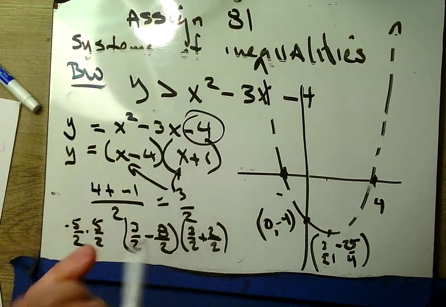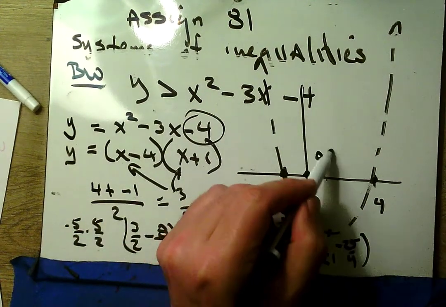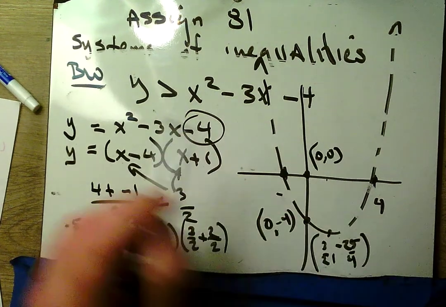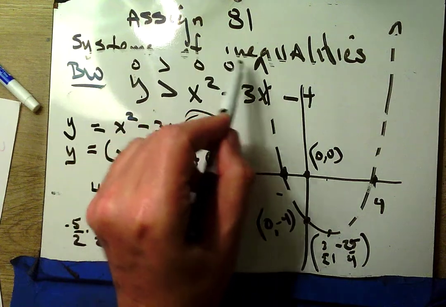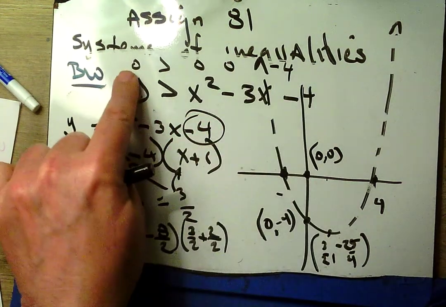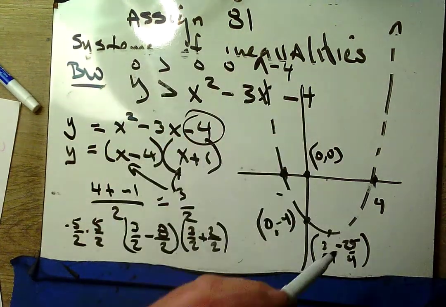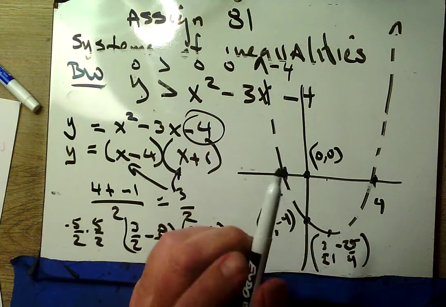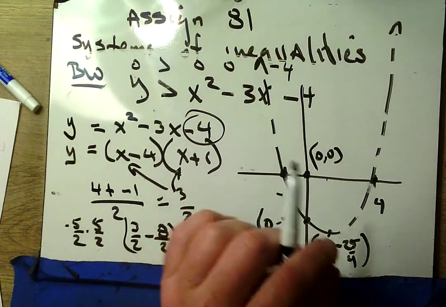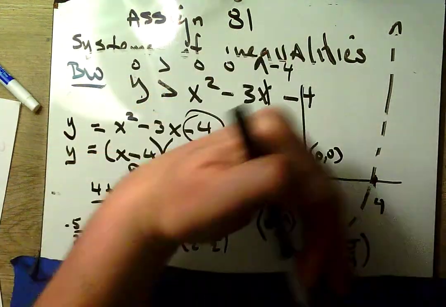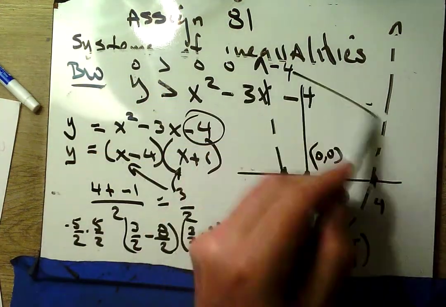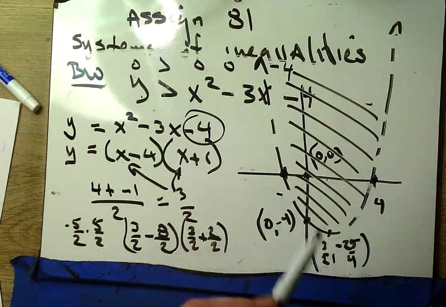So if I plug in my preferred test point of 0, 0, I'm going to have 0 greater than 0 minus 0 minus 4. Is 0 greater than negative 4? Yeah, so that point works. In this situation, what we're saying then is that all the points on this side of the line work, which means inside the parabola is where we find our solution. Okay?